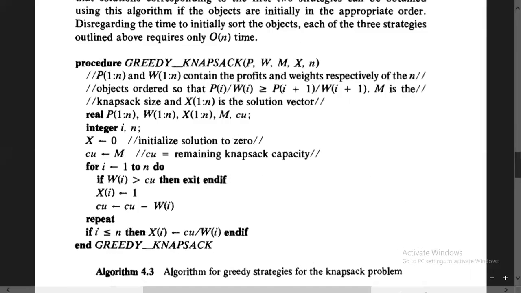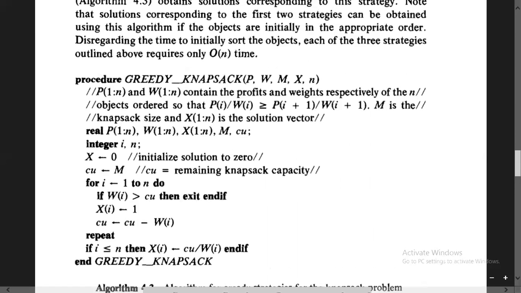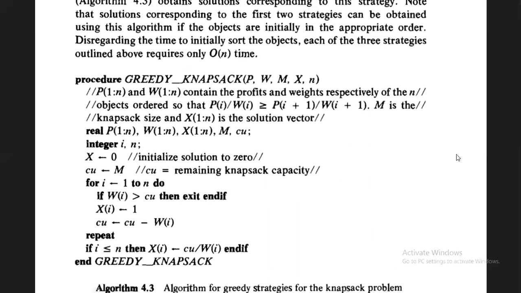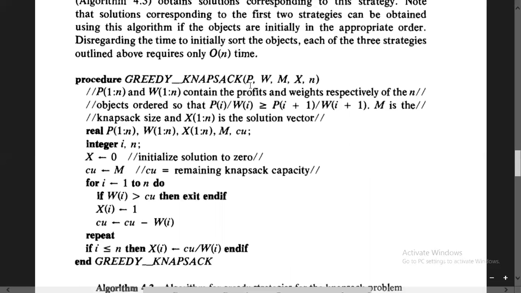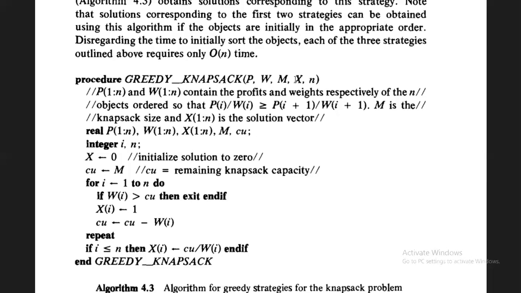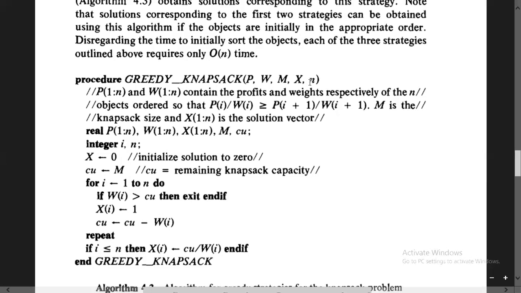Now let's look at the algorithm and the procedure to solve this greedy knapsack. In this greedy knapsack, we are going to send profit, weight, maximum capacity of the knapsack, and x, that is the fractional value of the item chosen. N is the count, total number of items. As usual, we have 3 comments. Profit P of 1 to n, and this is weight of 1 to n.